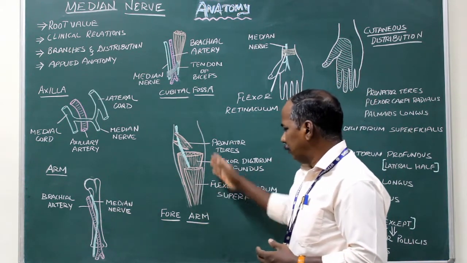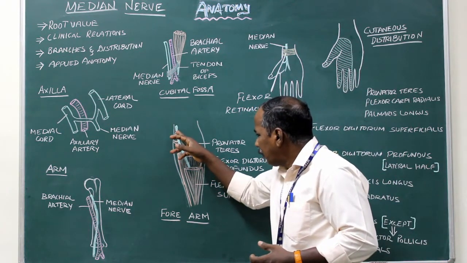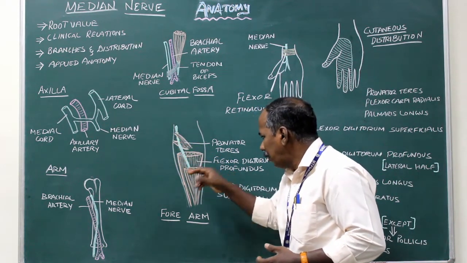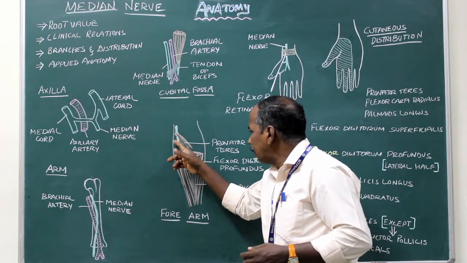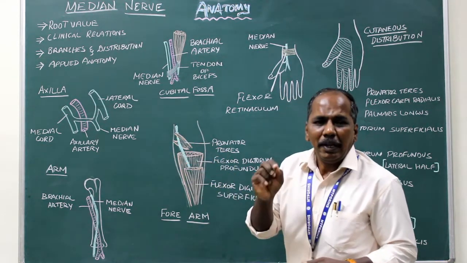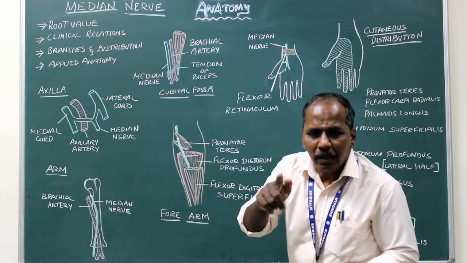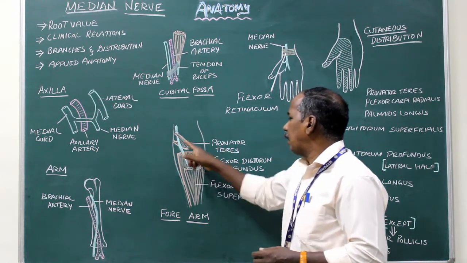In the forearm, it enters the forearm from the cubital fossa by passing between the two heads of pronator teres.